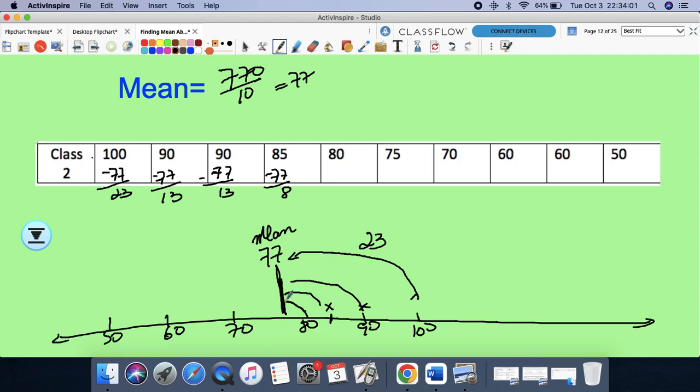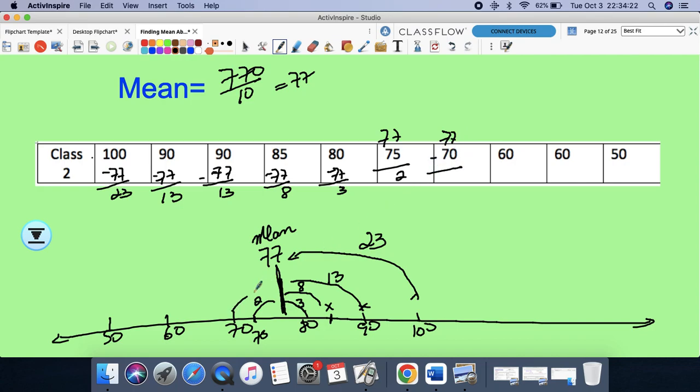And then 80 to 77, that'd be 3. And then 75 to 77, that would be 2. Right, but this is just 2. That was 3. This was 8. This was 13.